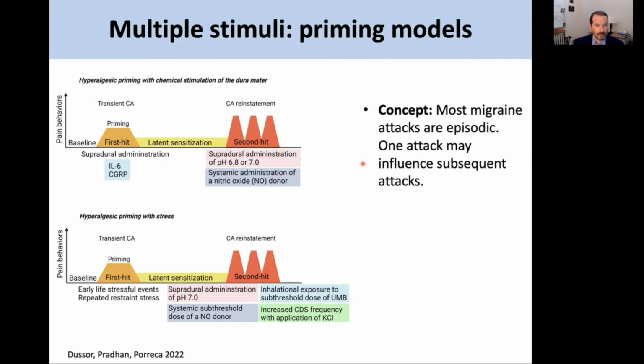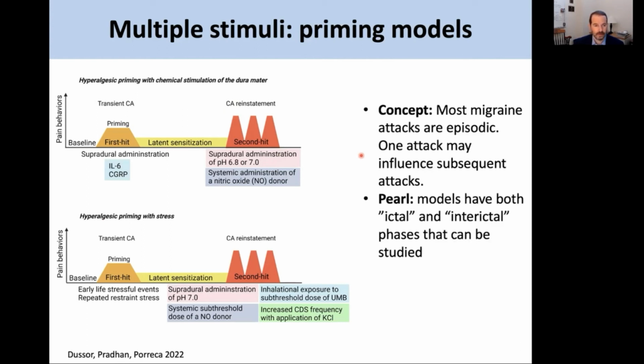The concept here is that most migraine attacks are episodic, and one attack may influence subsequent attacks. The pearl with these models is that they have an ictal phase, two ictal phases actually, and an interictal phase. One could study the interictal phase, you could study responses after either of the ictal phases, and plasticity that develops between the phases.